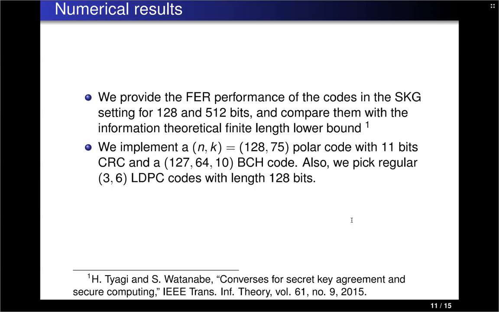Also, I picked a BCH code with length 127, dimension 64, and the guaranteed correctable bits is 10. And at the end, we picked an LDPC code, the regular LDPC code. The variable node degree is 3, and the parity check node degree is 6.